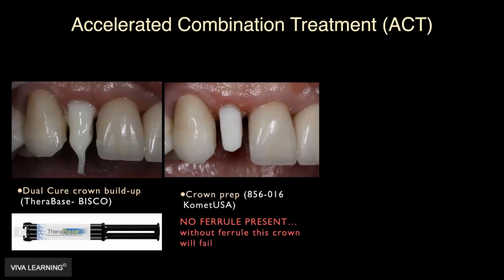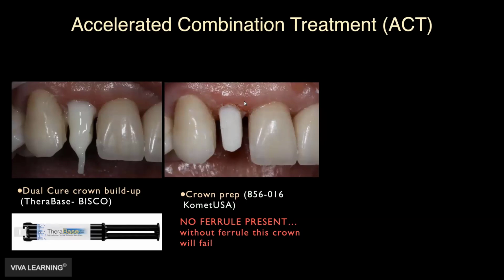Now, you can't just go ahead and restore the tooth like this. And I've seen cases where people will restore it just like this. If you restore it after you build the crown buildup and you don't address the ferrule, then you're at the mercy of the material itself. But if you move this tissue down to gain more ferrule, which is the base of the actual tooth, now you're at the mercy of the tooth.